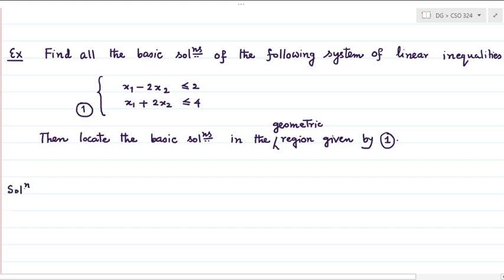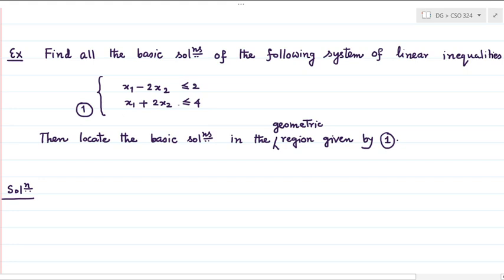At first let us try to find the basic feasible solutions. We have learned so far how to find basic feasible solutions or basic solutions of a system of linear equalities. And for linear inequalities, how do we go for it?